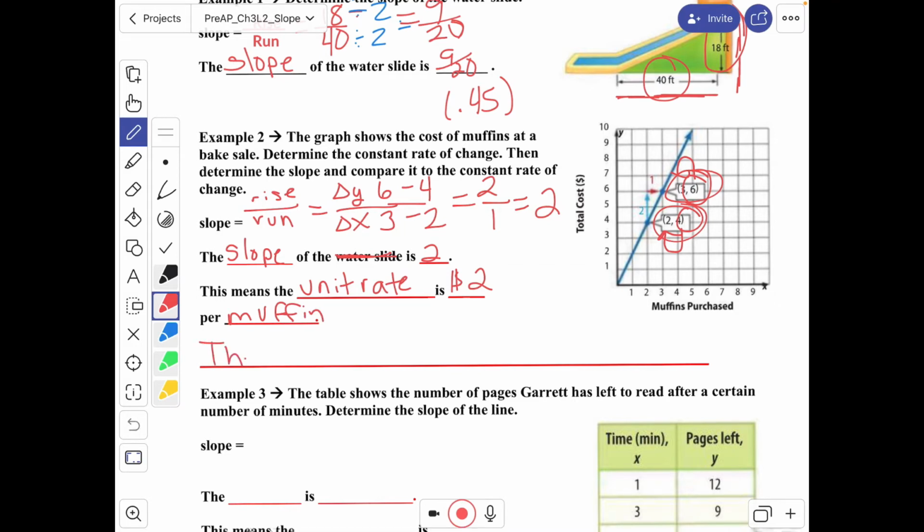The slope is the same as the unit rate, or it's the same as the constant. The slope is equal to the constant rate of change. And we could have found the unit rate by just going to 1 and then going up to where it hits the line, which would have been at 2.